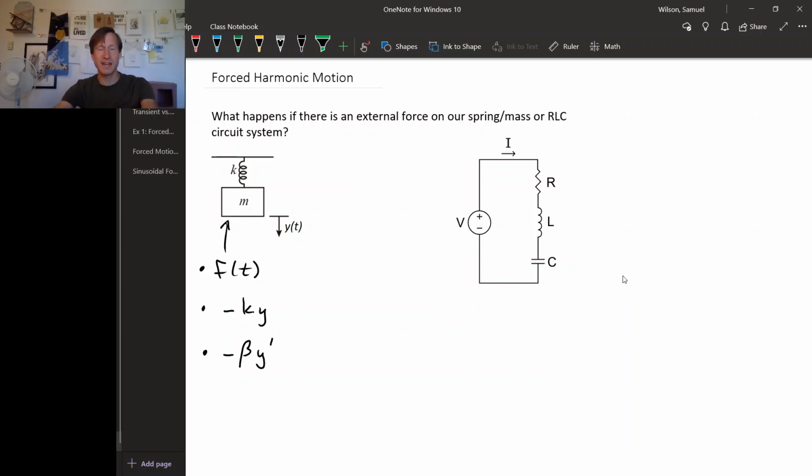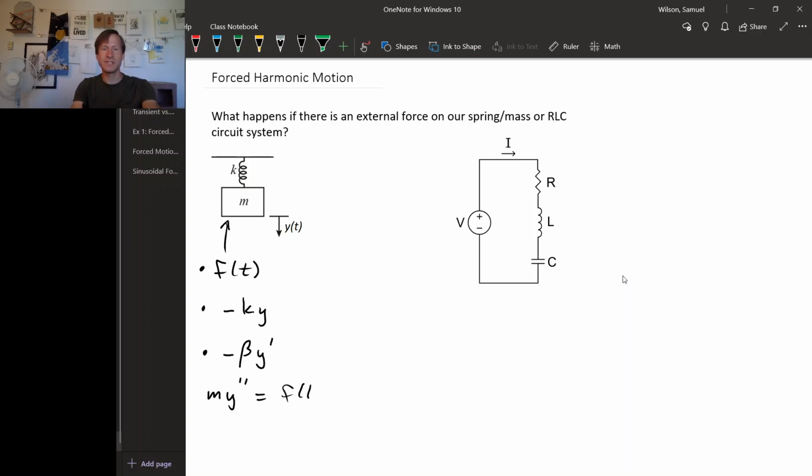Now we can use Newton's second law. Newton's second law says the sum of forces is equal to mass times acceleration. Mass times acceleration is y double prime in this situation. We're assuming that this mass is moving only in one direction. So mass times acceleration is equal to the sum of forces.